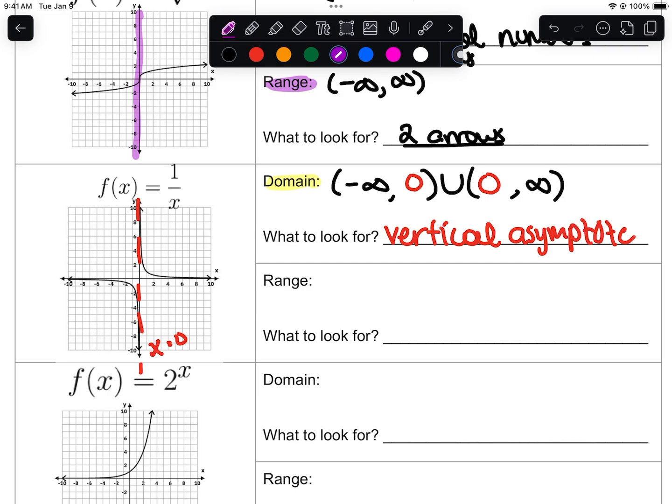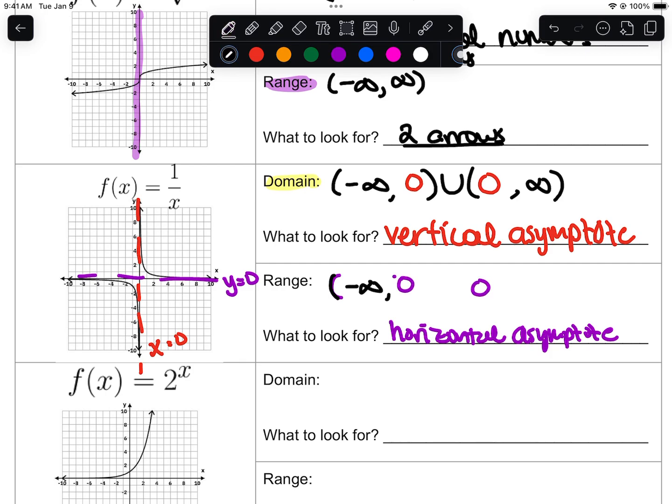Your range: we have a horizontal asymptote at y equals 0, so it's going to be negative infinity to 0 union 0 to infinity. Because the lowest we go is this arrow down here. Go up, we hop over 0 and keep going up.